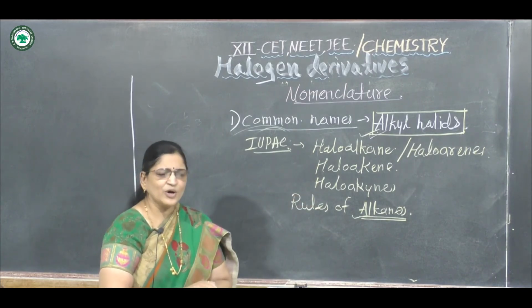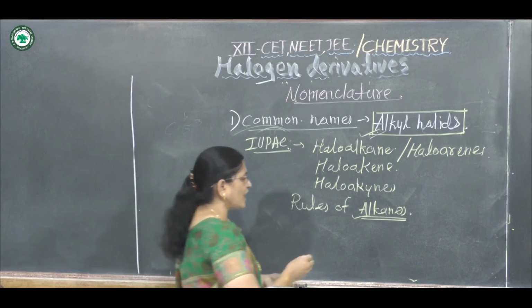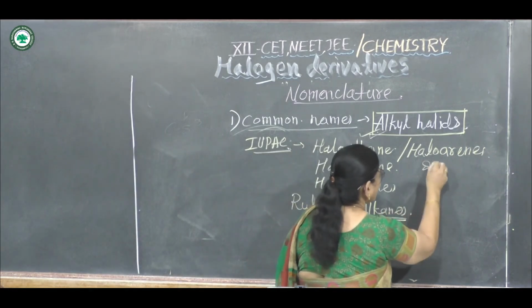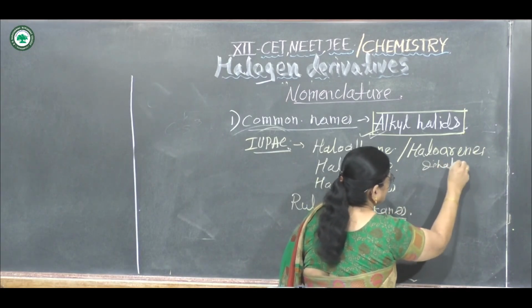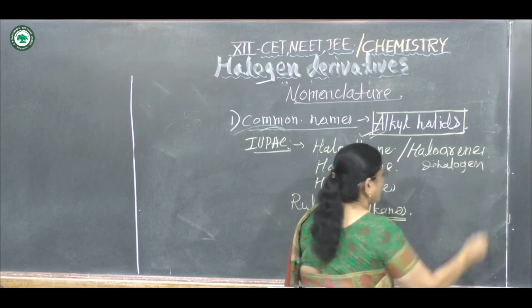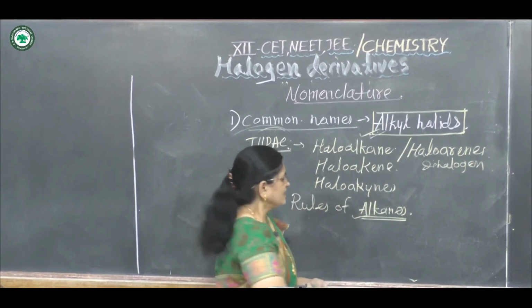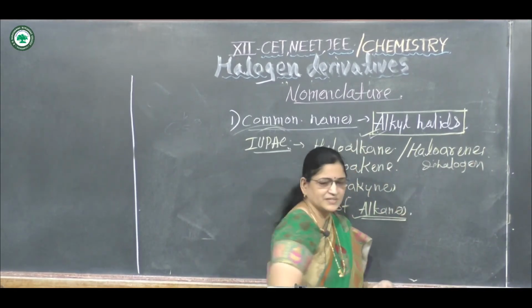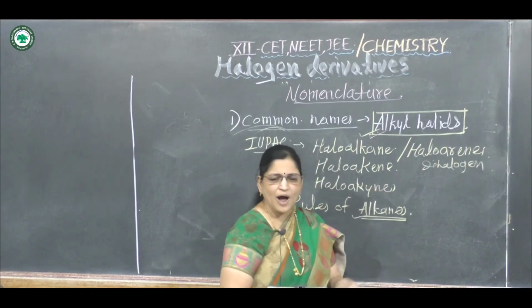Then haloarenes, that is, dihalogen compounds. In dihalogen compounds in haloarenes, these are the prefixes in common names.